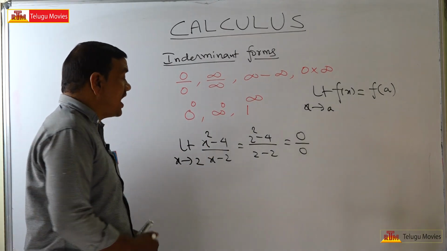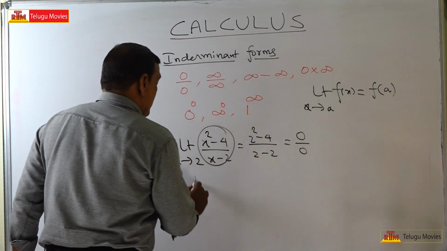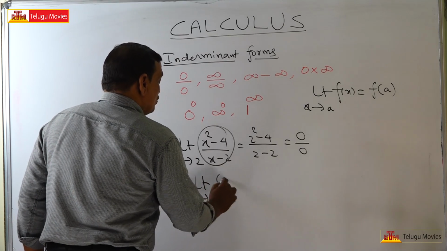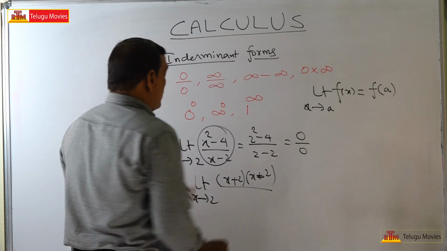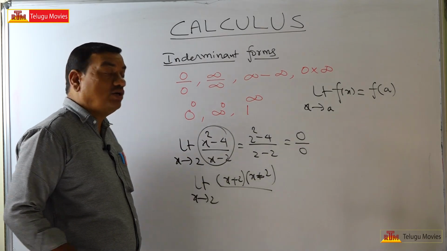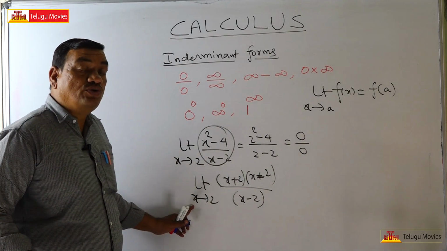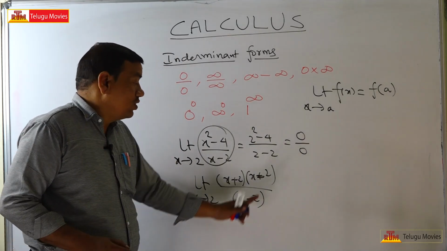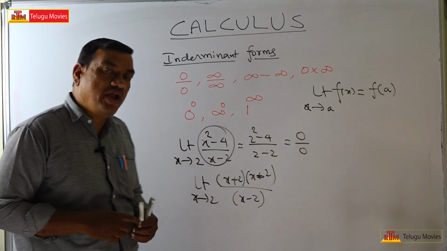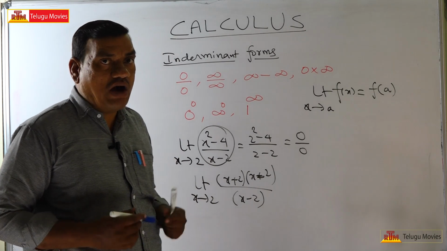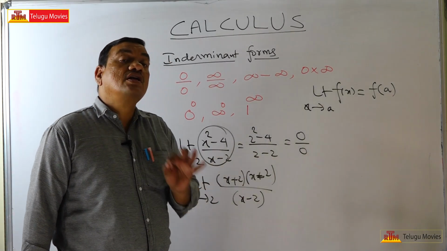No. Can we simplify this function? Yes, we can. This is equal to the limit as x tends to 2, and we can write the numerator as a square minus b square, (a plus b) into (a minus b), under denominator x minus 2. As x is not equal to 2, while cancelling x minus 2, do we have any right to cancel? We have the right only when x minus 2 is not equal to 0.